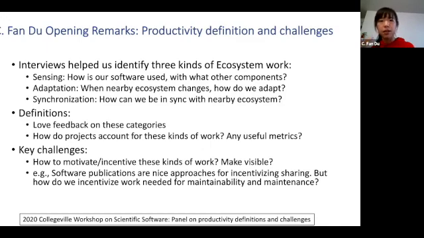For example, with the increasing number of machine learning applications, scientific software work becomes more complex, and it might be hard in the machine learning development context to keep a very neat modular workflow. So what are the real challenges you are having now? We would like to hear about this, and how do scientific software projects account for these categories of ecosystem work?